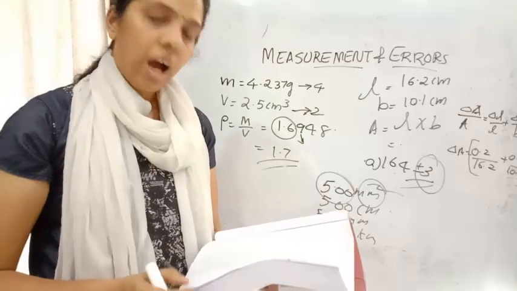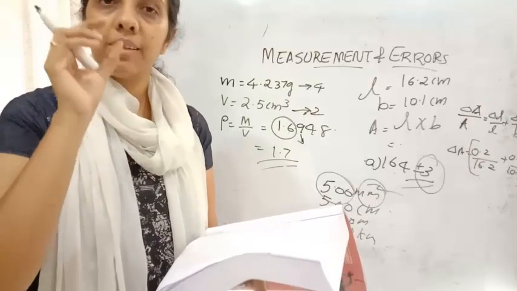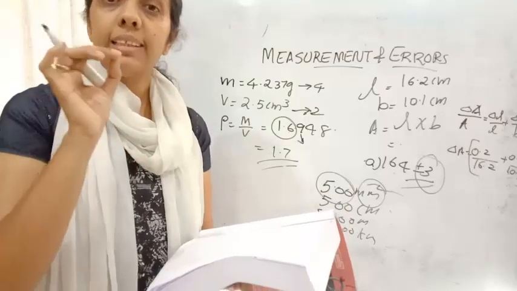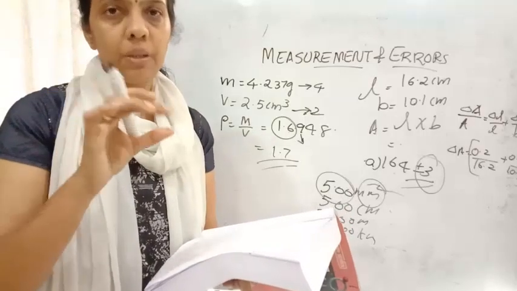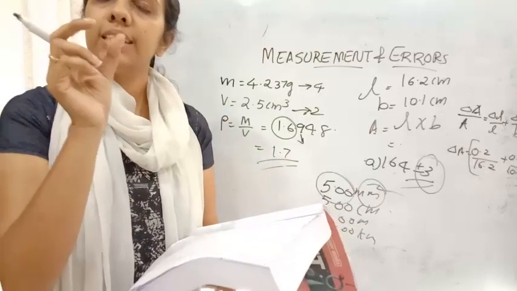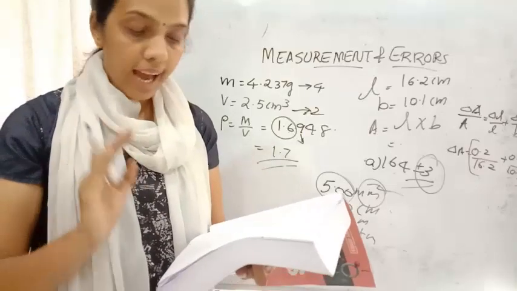Here, how will we find out the accuracy? Accuracy can be determined as the original mean value is given. So you can subtract each number from the true value or the mean value. Then the one with the least difference will be the most accurate value.